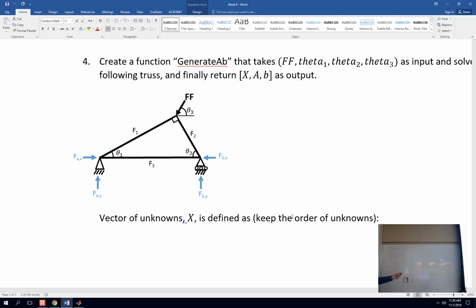Now we're going to break each leg, and do the inside forces, F1, F2, and F3. Let me break it right here.